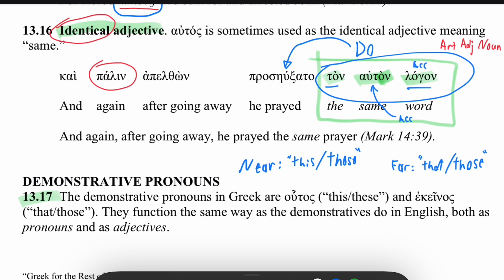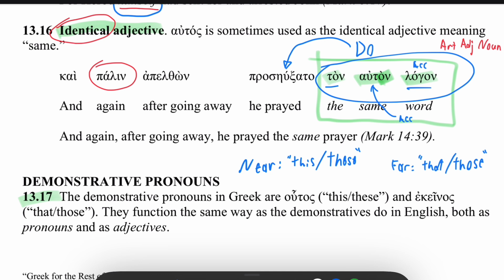In the case of this pencil, this is functioning adjectively, but you could also have it function in a more substantive way, like how did this happen? The thing that happened is this.